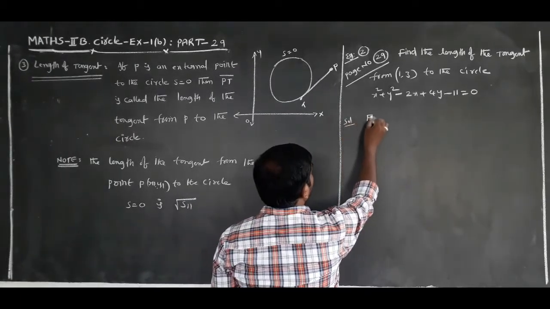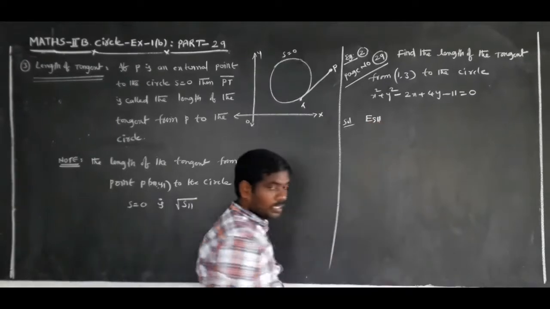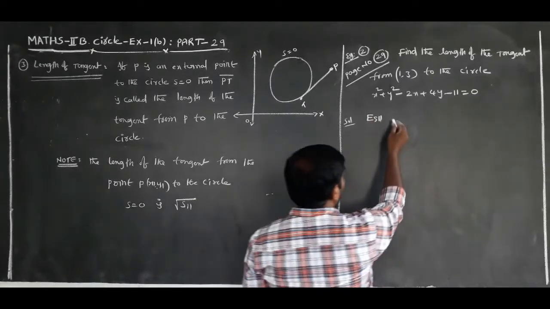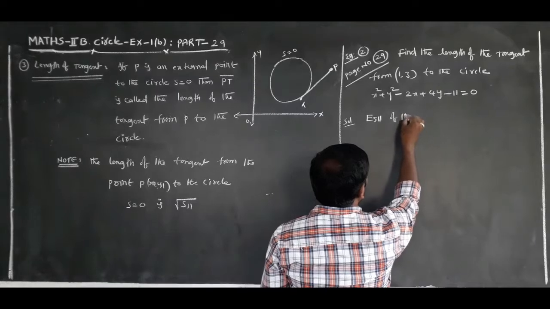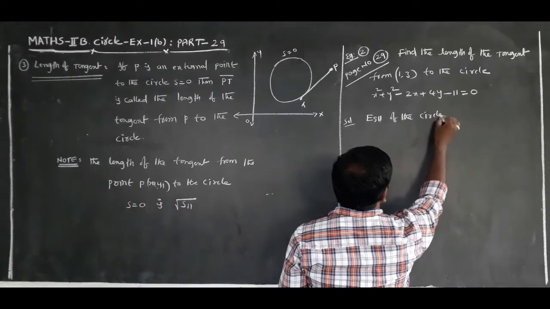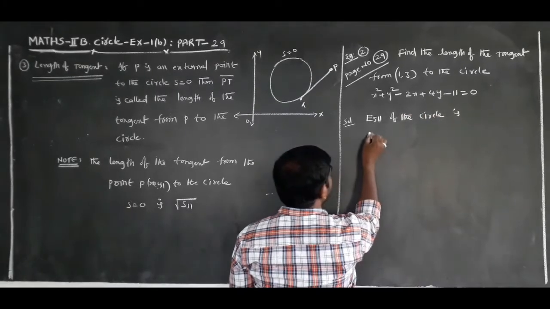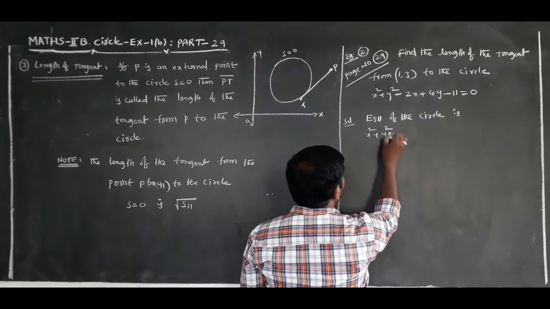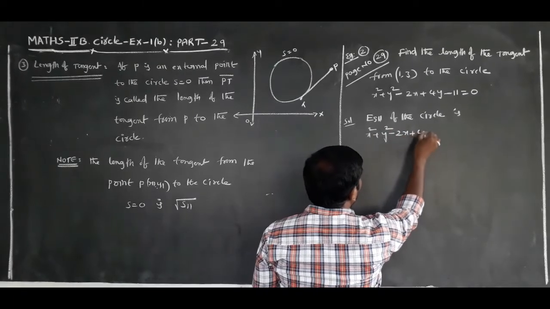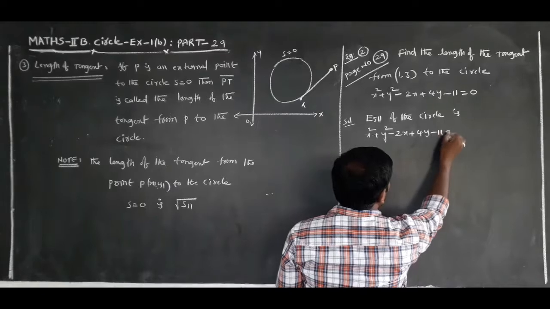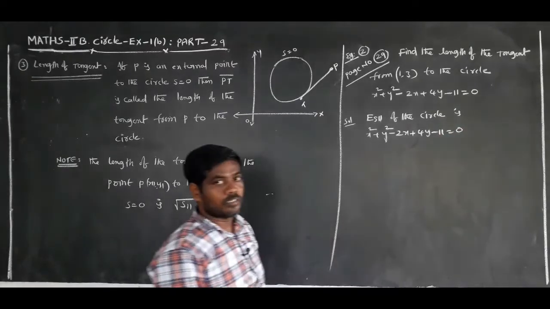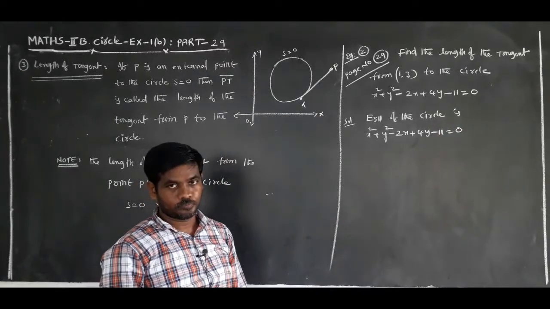Given the equation of the circle is x squared plus y squared minus 2x plus 4y minus 11 is equal to 0.